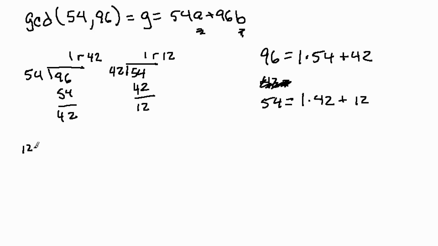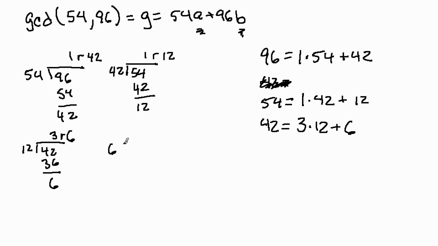And now I'm going to go 12 goes into 42 3 times, 36, with a remainder of 6. So there's a remainder of 6 here. So I get that 42 is equal to 3 times 12 plus 6. And then what happens over here is I get that 6 goes into 12 2 times with a remainder of 0. And that tells me that this is my GCD right over here.